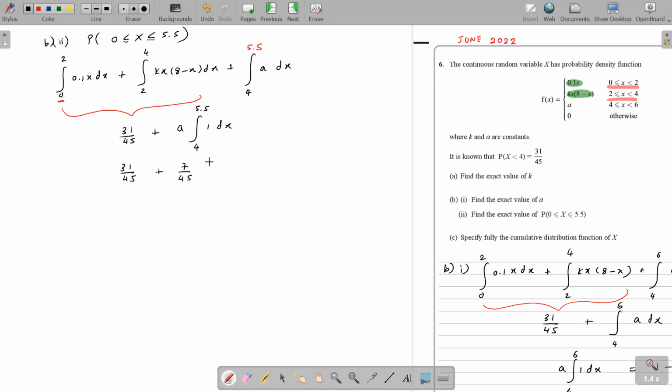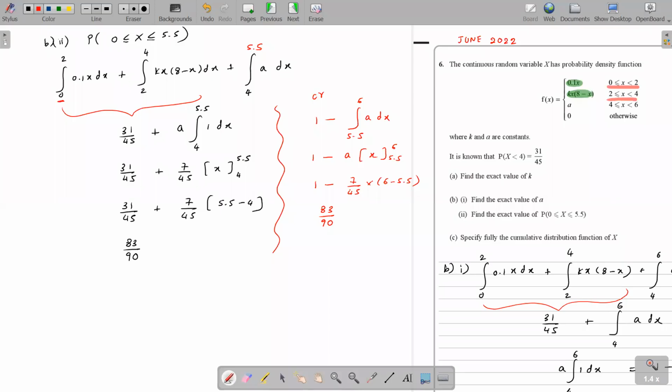And when you integrate 1, you get x, and your limits are from 4 to 5.5. So it's just a matter of simplifying using the calculator. 7 over 45, so I get here 5.5 minus 4. Let's simplify and get the final answer. All right, so when I simplify, I get the answer 83 over 90, which is pretty straightforward.